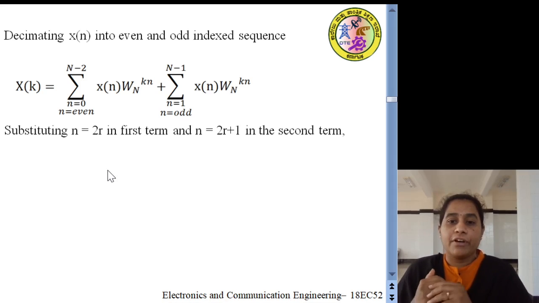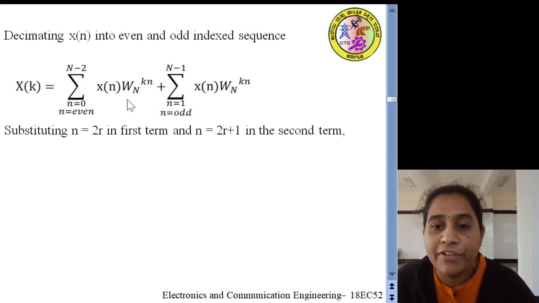If we substitute, in the first term let us substitute n equal to 2r, and in the second term let us substitute n equal to 2r plus 1.